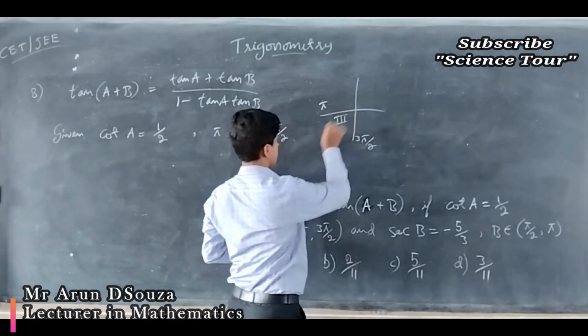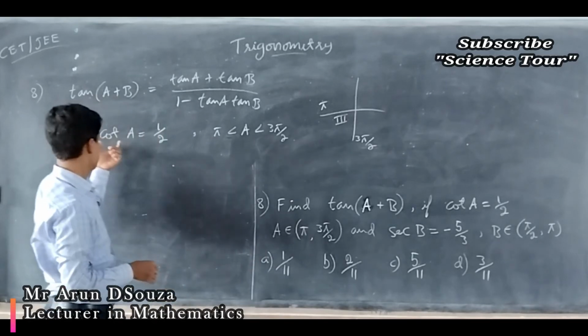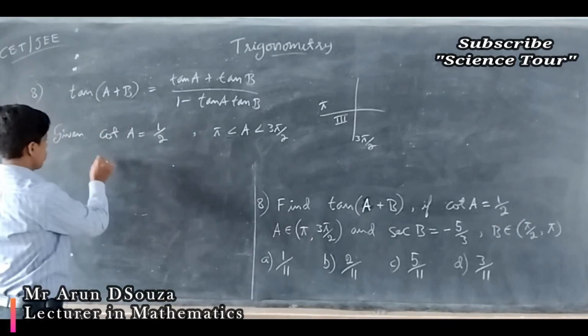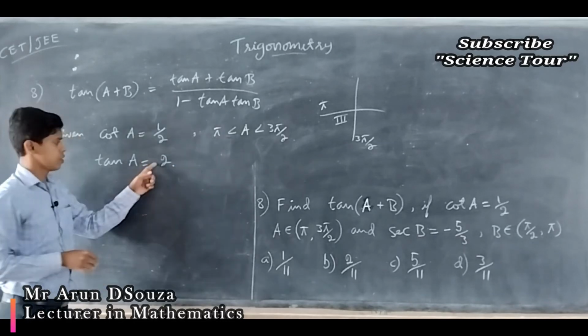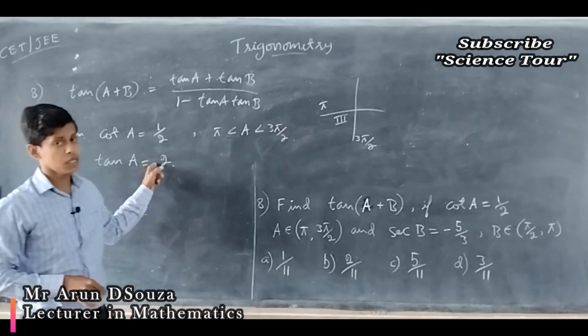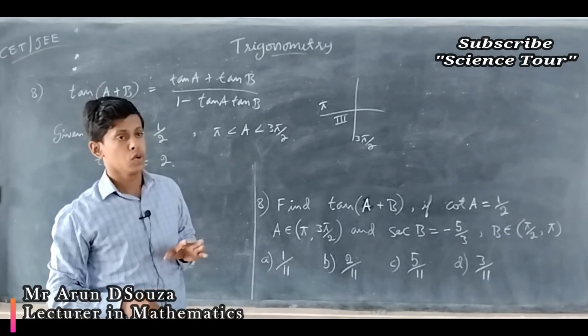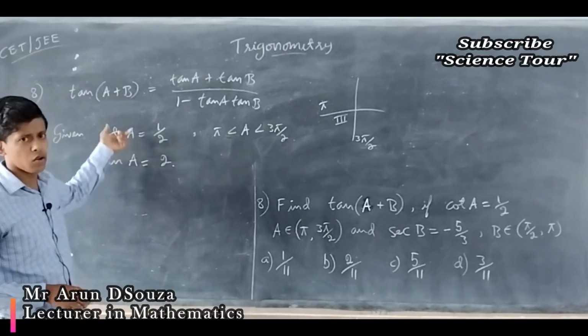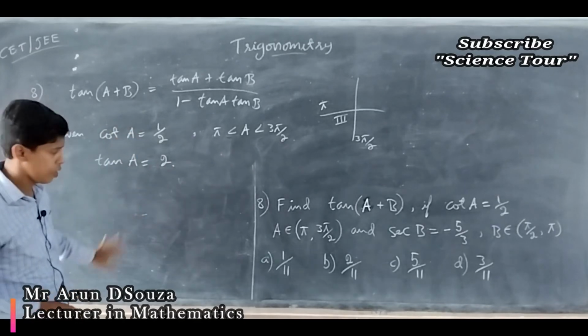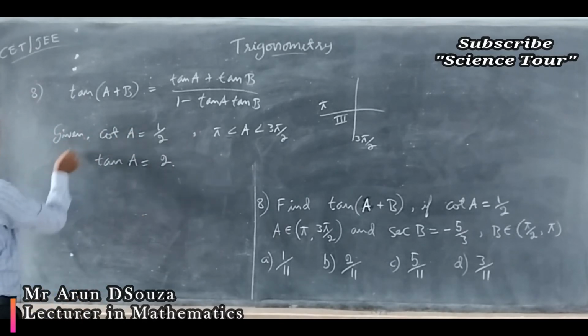So in the third quadrant, what about cot? Positive. And what about its reciprocal tan? That is also positive, therefore I can write plus 2, otherwise I have to change the sign also. Correct? Yes. So these are just reciprocals. Reciprocals are always of the same sign. Okay, fine. Now next, what else is given?